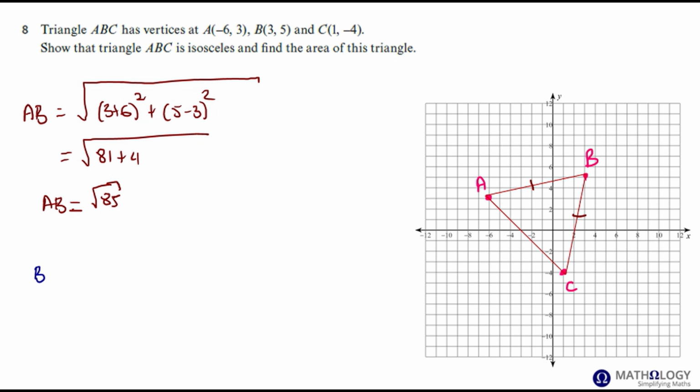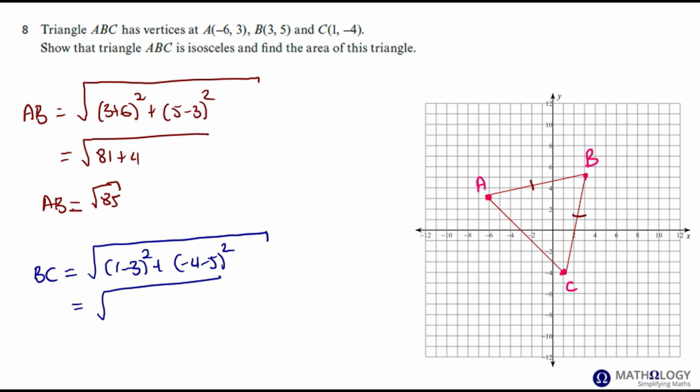And then BC is the square root of 1 minus 3 all squared plus minus 4 minus 5 all squared. That equals the square root of minus 2 all squared is 4 plus minus 9 all squared is 81.